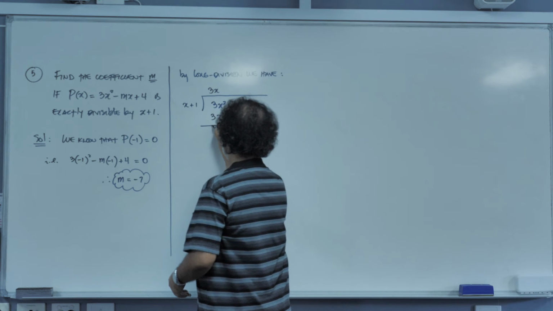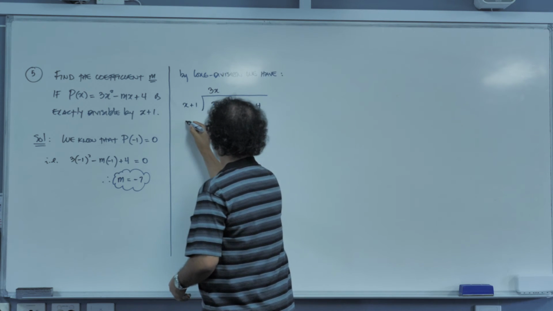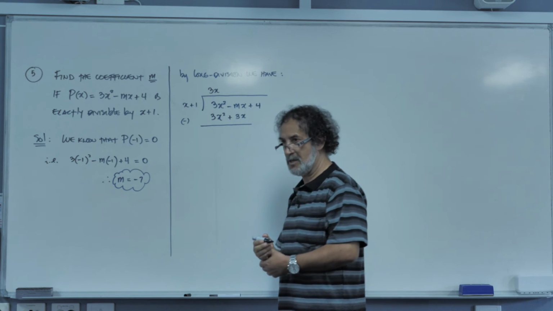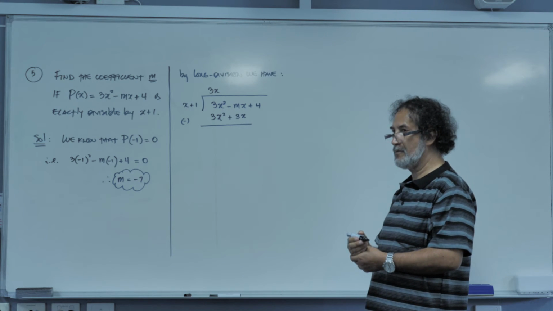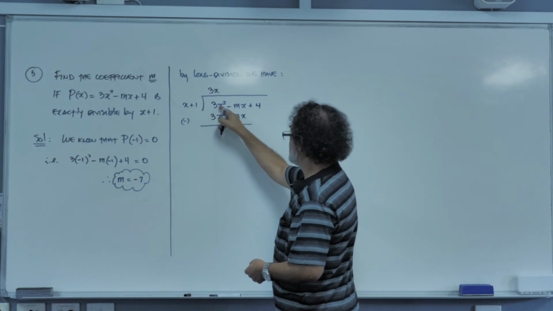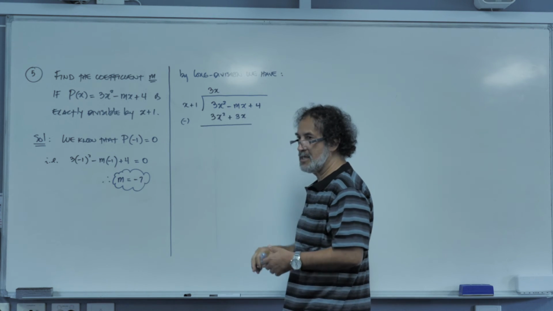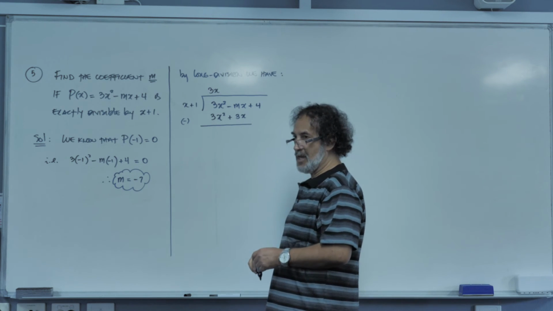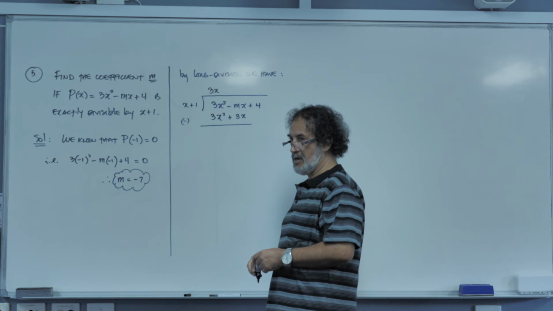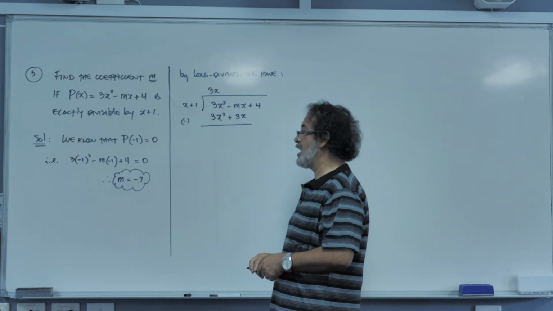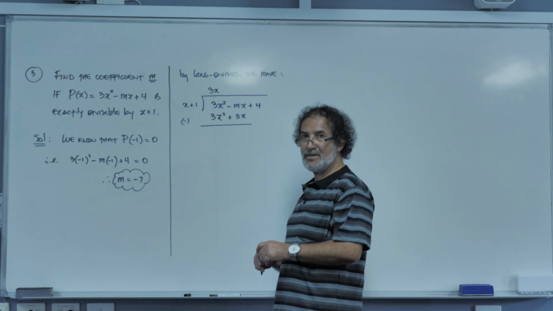Okay, now is when you need to be very, very careful because we're going to be taking away. So we know that these two cancel each other, but then we're going to have minus mx minus 3x. All right, what is the common factor in there when you have minus x?